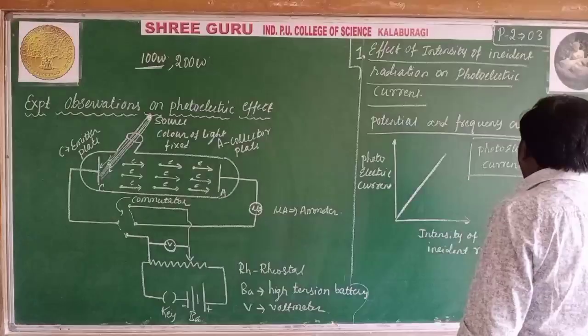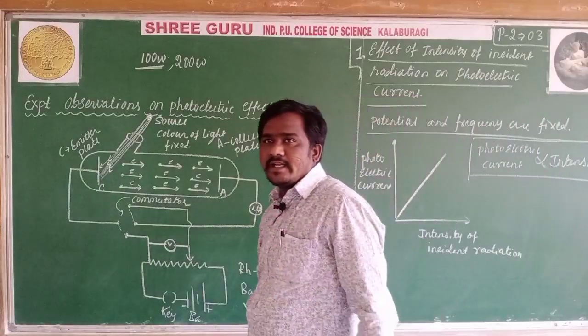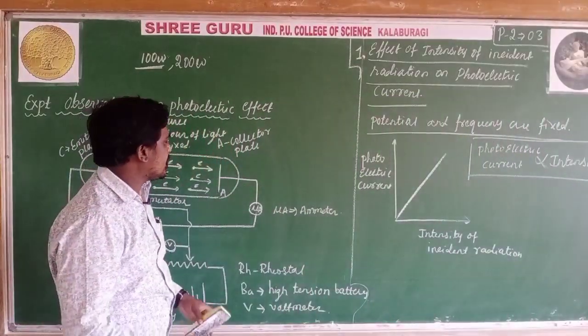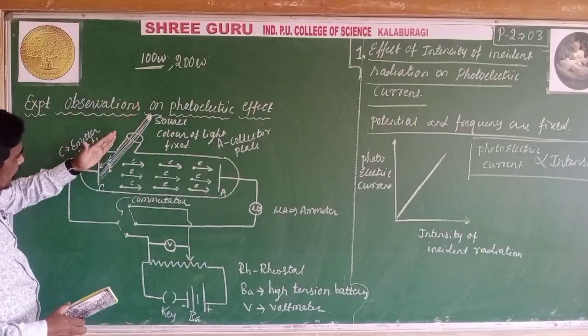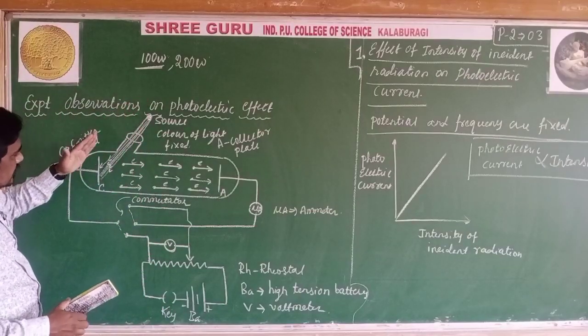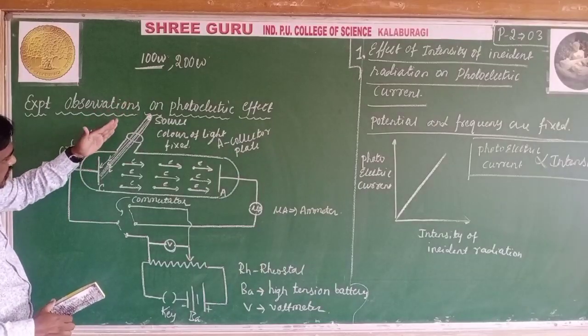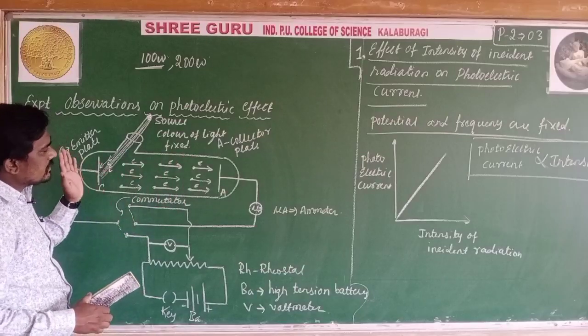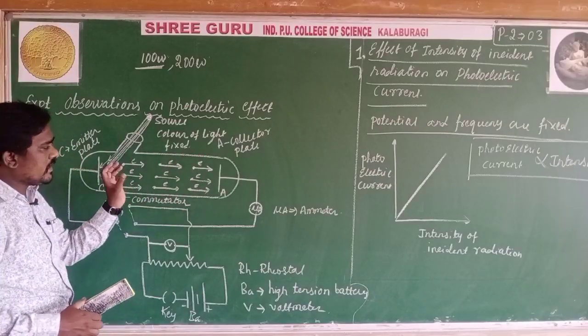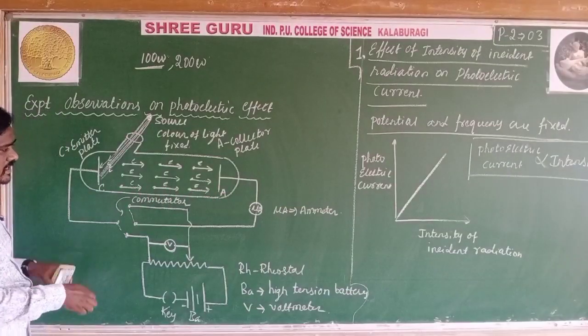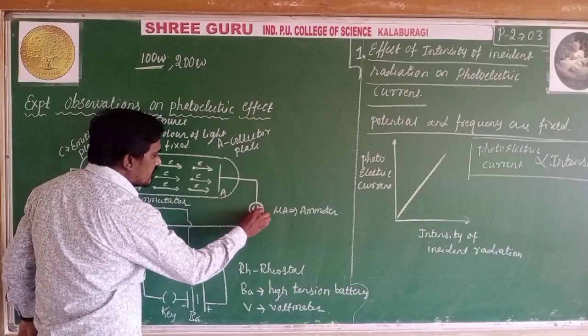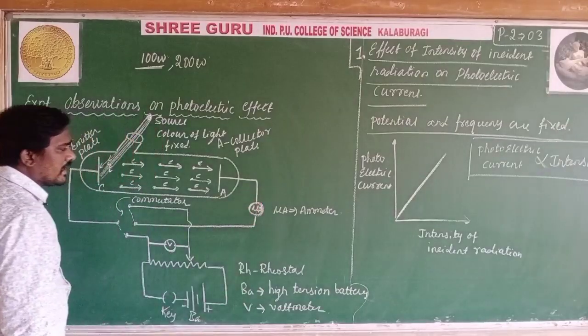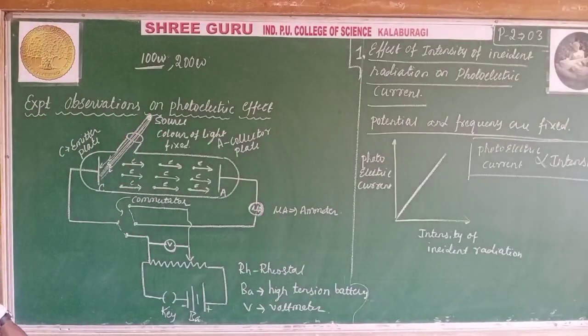As the intensity of incident light increases, the emission of electrons also increases. The emission of electrons increasing means the photocurrent in this circuit also increases. We can observe this on the ammeter, and we can say that the photoelectric current is directly proportional to the intensity of light.